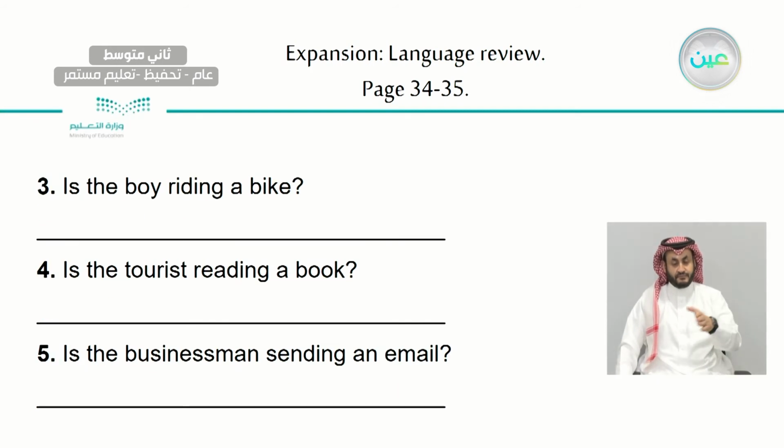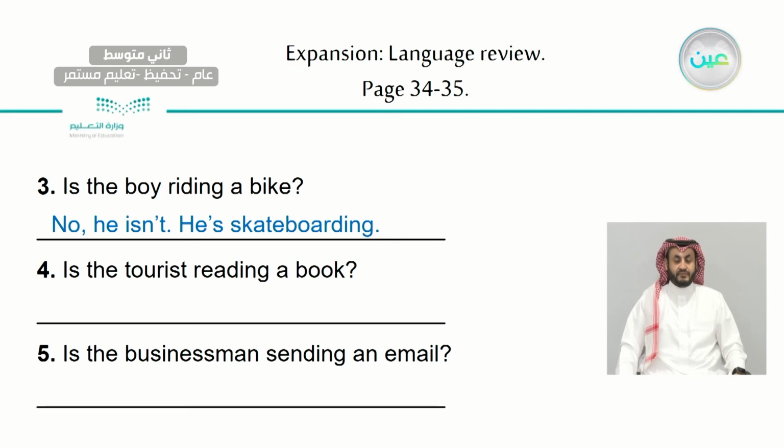How about the next question here? Is the boy riding a bike? The pastime activity I showed you before, the picture of the boy. Was he riding a bike? No, he isn't. He's skateboarding.